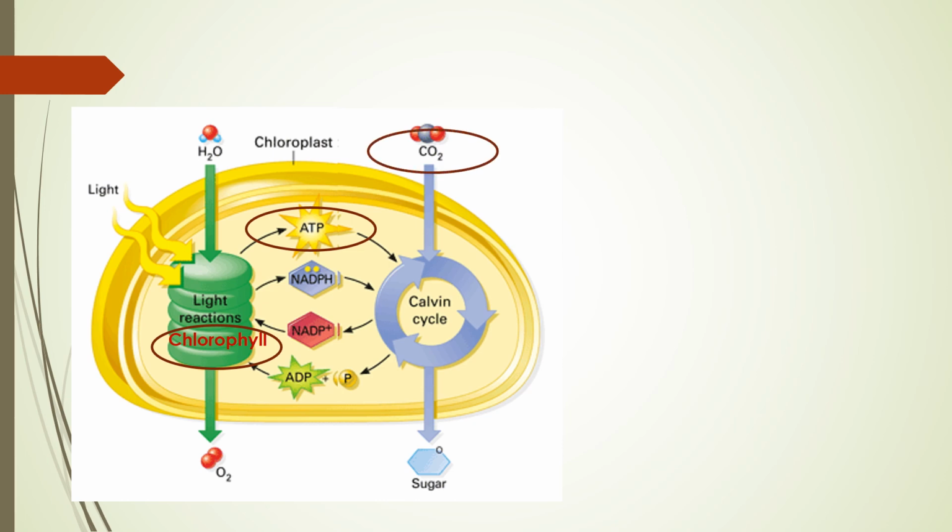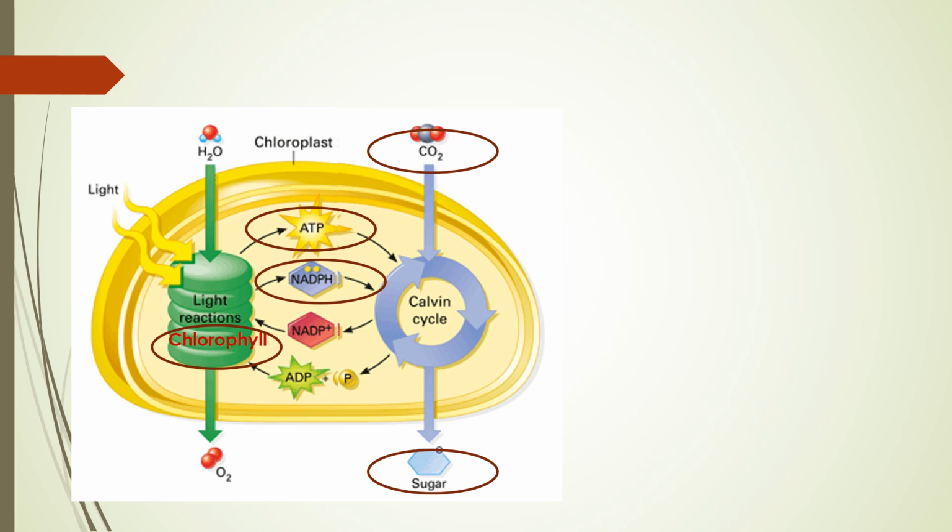And in the Calvin cycle, CO2 will now combine with this NADPH, where the hydrogen is coming from, and with the help of that, you can remember the name of the 5-carbon component. The name is, yes, RuBP. With that, it will form 6-carbon sugar.